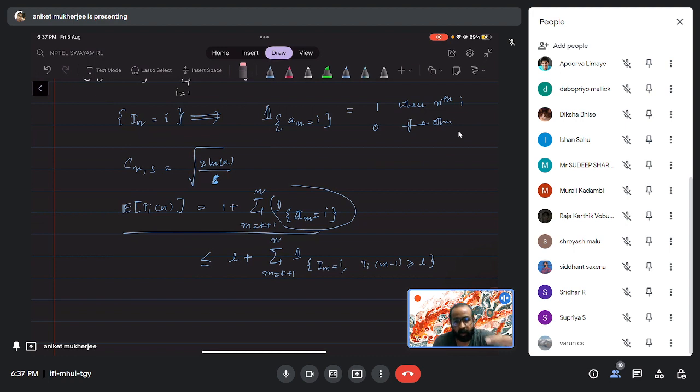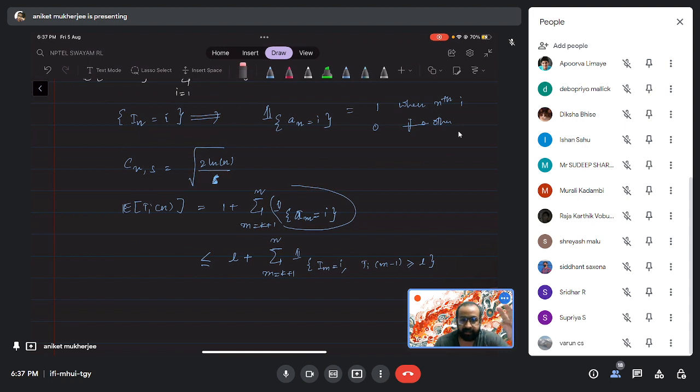Now, as you're counting m equal to k plus 1 to L, you check each and every time, because you know the formula, did I count till L in my m minus 1th term? If I've counted till L, then only I'll add the event.